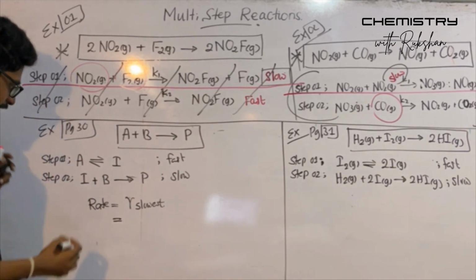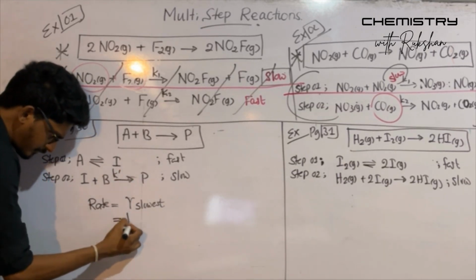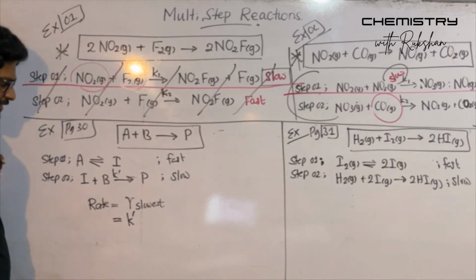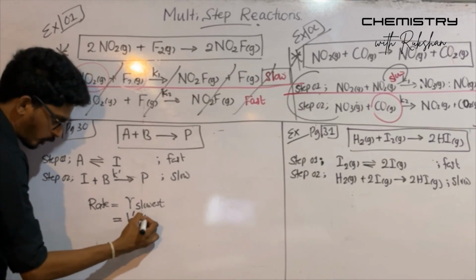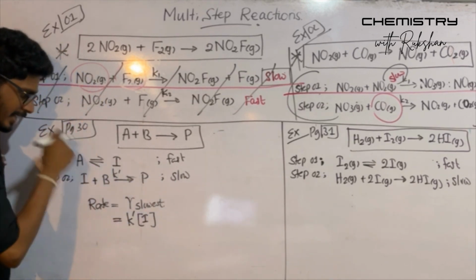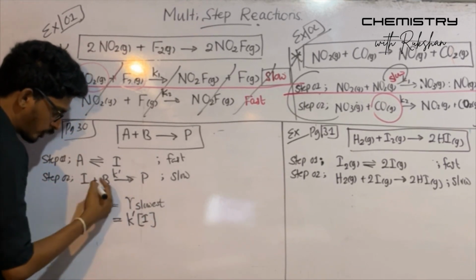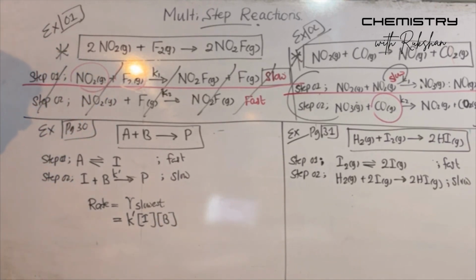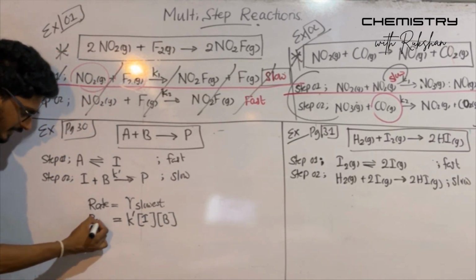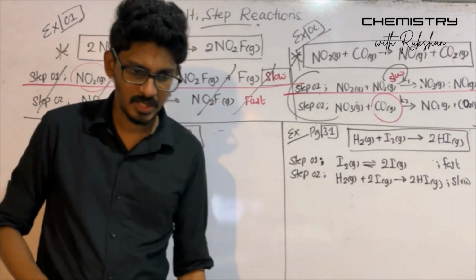If you take this one, the rate comes as k dash, the rate constant. You can write it as k dash into I into B, because all the slow steps are elementary, right? All the steps are elementary now, so you can put the stoichiometric values as order. Now the rate is given like this for the overall reaction.